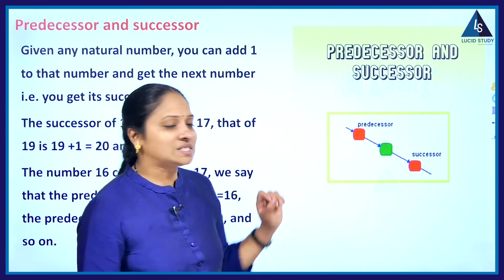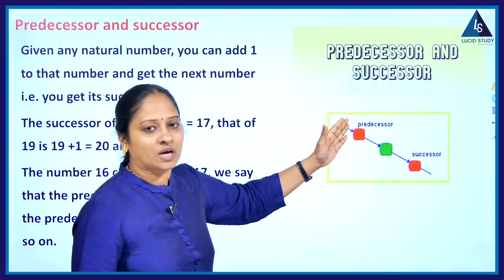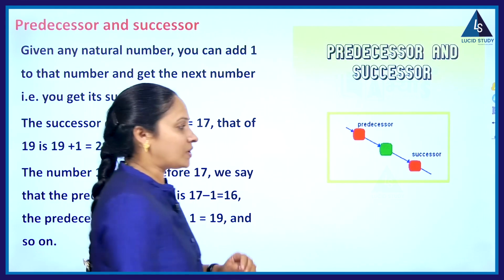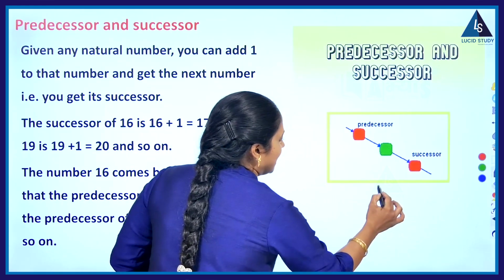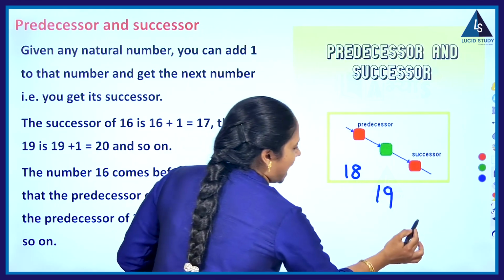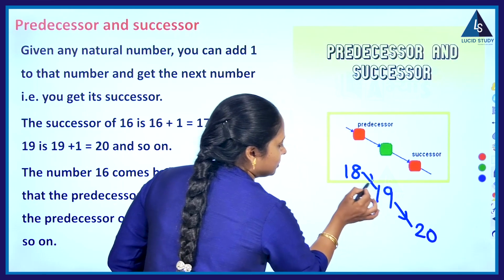The green color is the number we are taking. Its previous number is the predecessor, its after number is the successor. For example, if I take 19, then its before number is 18 and its after number is 20.